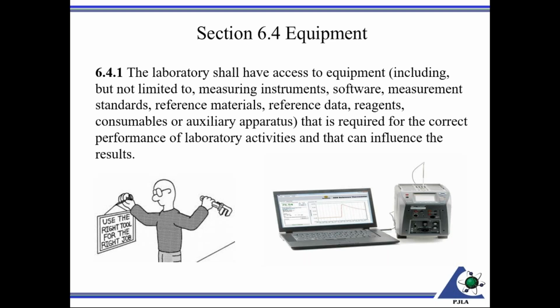Hence, you have to have the right tools to do the job, basically. So you have to have access and be able to utilize the equipment for the correct performance of the tests or calibrations that you are performing. Pretty straightforward there. So basically, use the right tools for the right job.